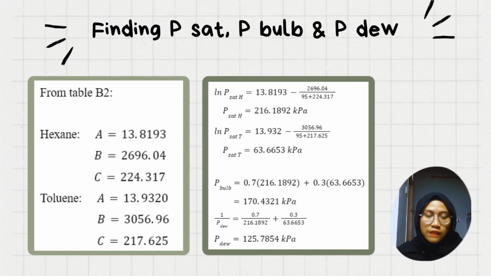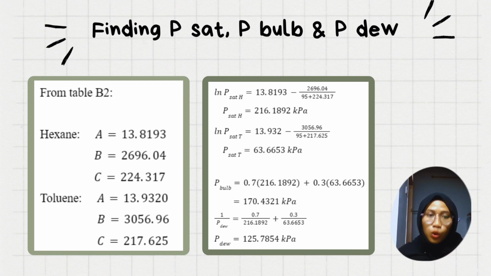Based on the question, the first step is to find the P sat, P bubble, and P dew. To get the values for A, B, and C, we need to refer to table B2. And here is the data that we get. For hexane, the value for A is 13.8193, for B is 2696.04, and for C is 224.317.